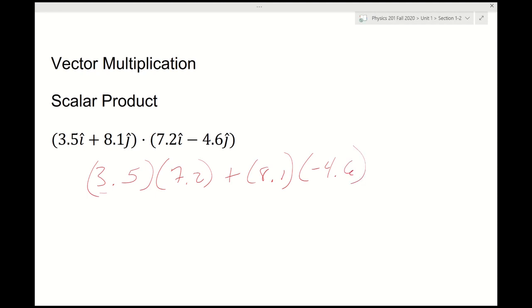So 3.5 times 7.2 is 25.2, plus 8.1 times a negative 4.6 is a negative 37.26. So that's going to give us a total of a negative 12.06. Since these are just two significant digits, we're just going to leave that as a negative 12.